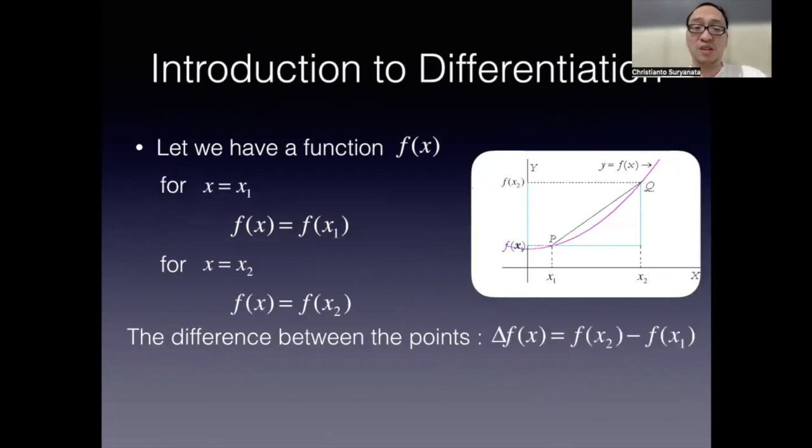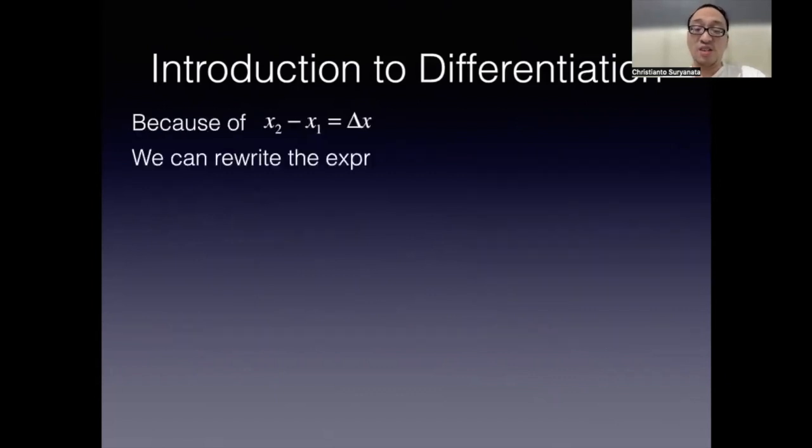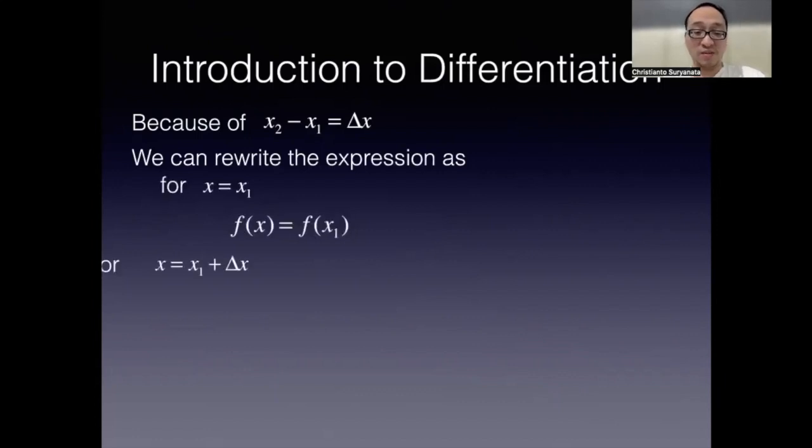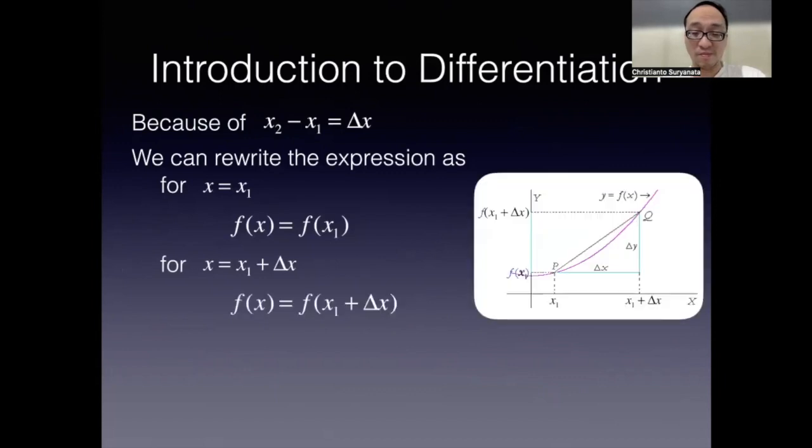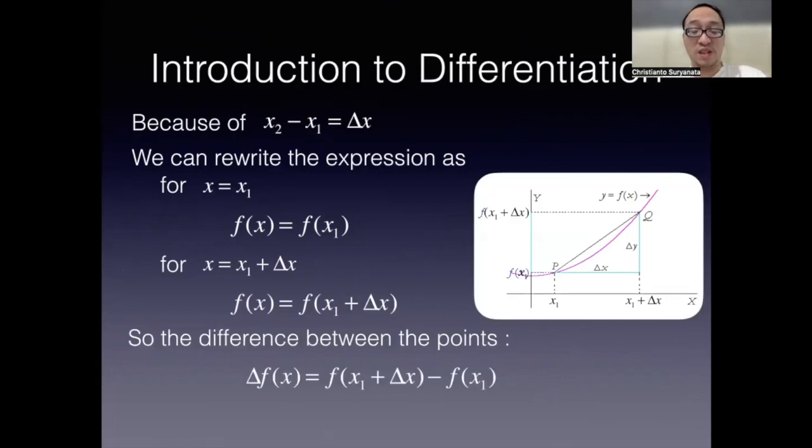Since x2 now is x1 plus delta x, the difference of the points now becomes f(x1 plus delta x) minus f(x1). You can see the delta y there. Delta f(x) is the delta y, the rise, while delta x is the run.